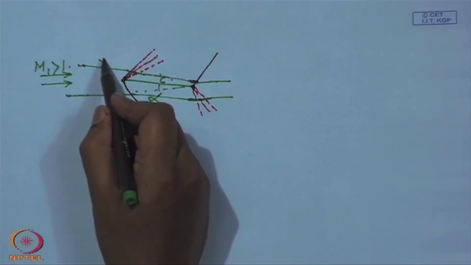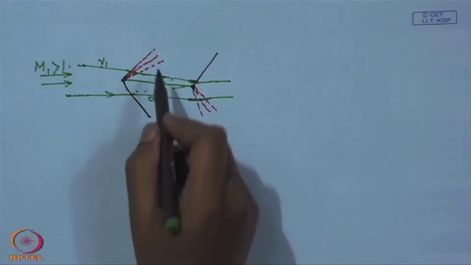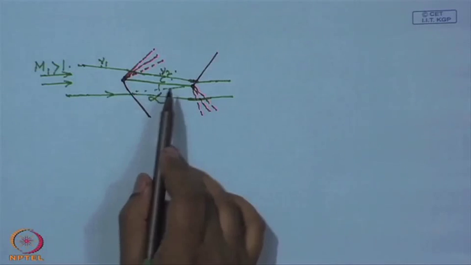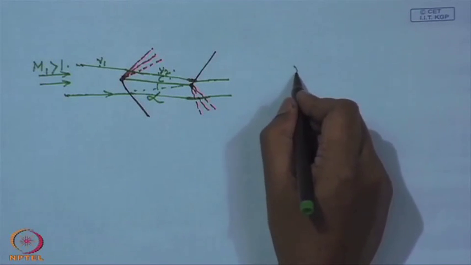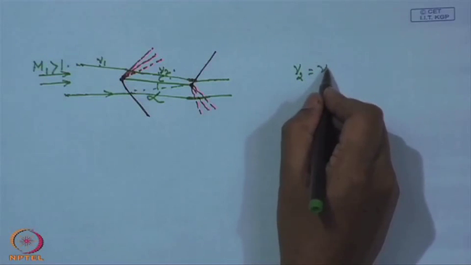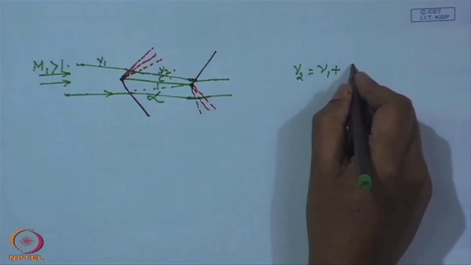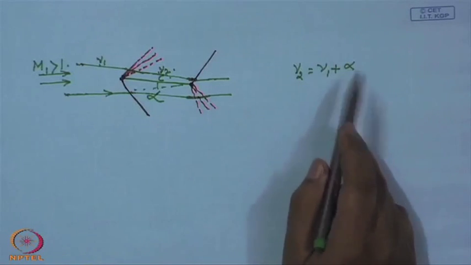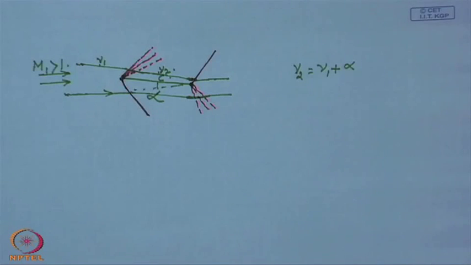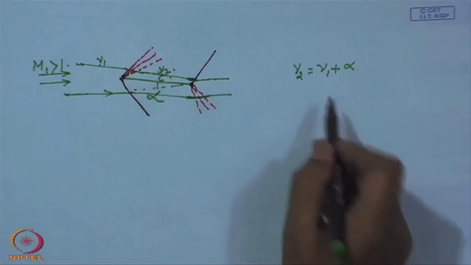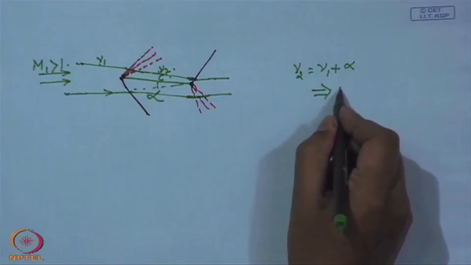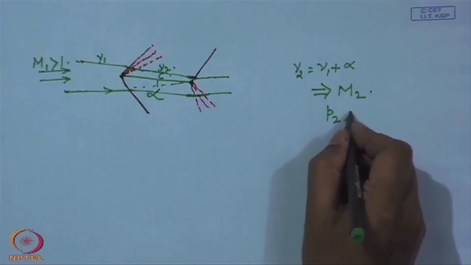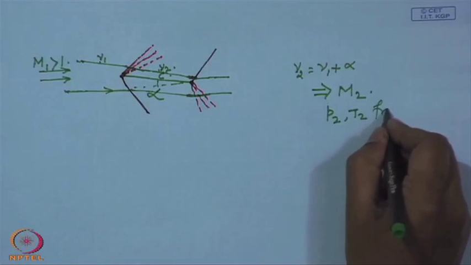So, knowing nu 1, we can find nu 2 here, or nu 2 is simply nu 1 plus alpha, where alpha is the magnitude of the angle of attack. Now, knowing nu 2, this of course gives us the Mach number M2, and using the isentropic relations, we get P2 and T2.